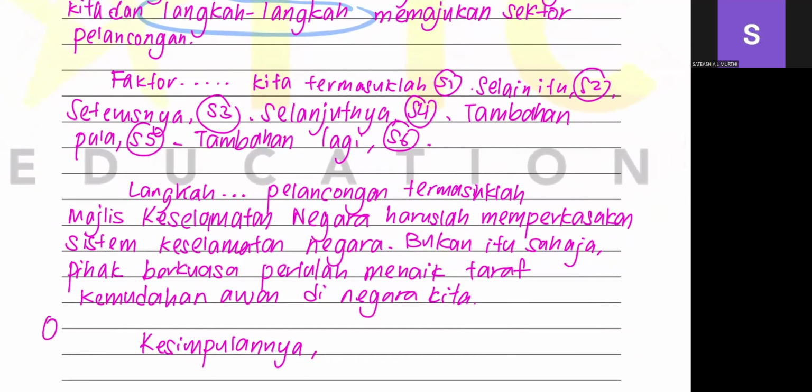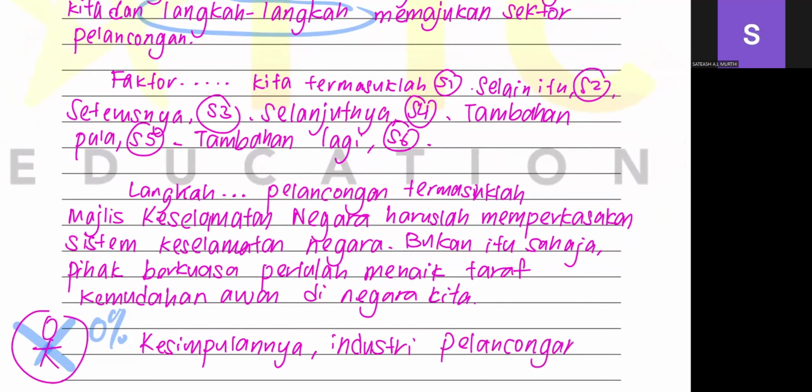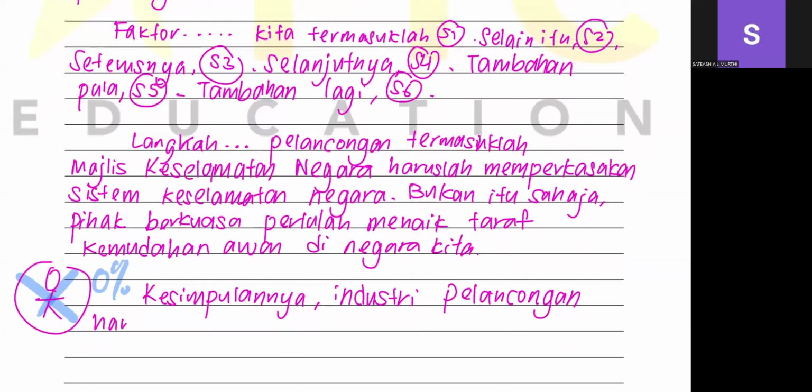But then for rumusan, no watak. If you put watak, you get 0 marks. So you need to put the issue, which is your industri pelancongan. Industri pelancongan haruslah, have to, dimajukan. Okay, why do we need to improve our tourism industry?